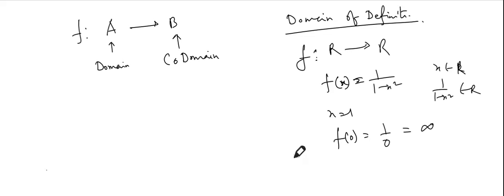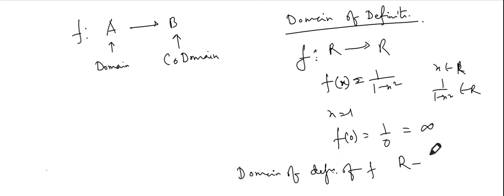So the domain of definition of f would be R minus the singleton set 1, because if 1 is there, then the outcome would be infinity and it won't belong to R, the right hand side R, that is the codomain.